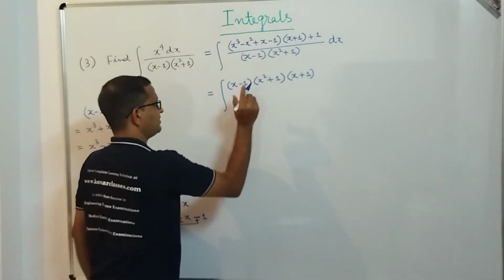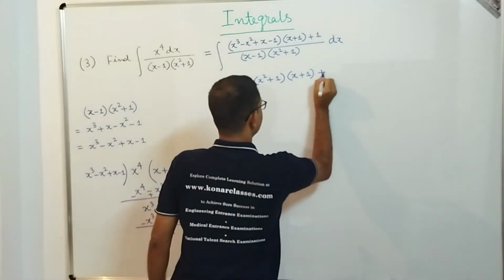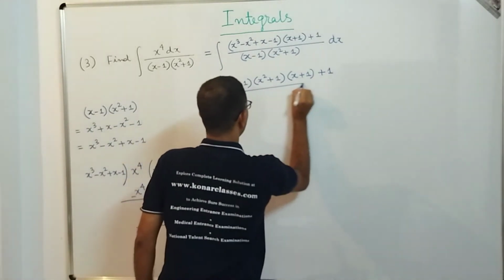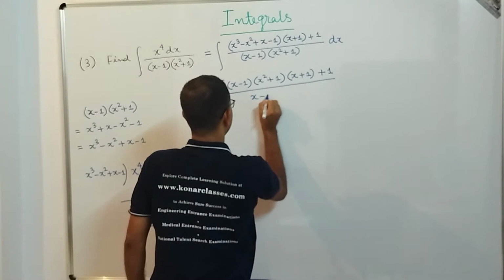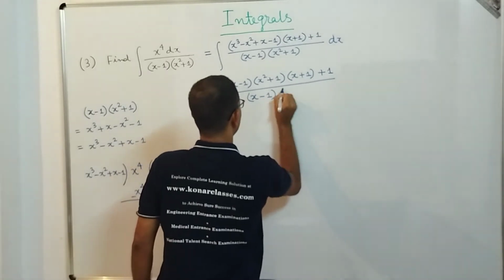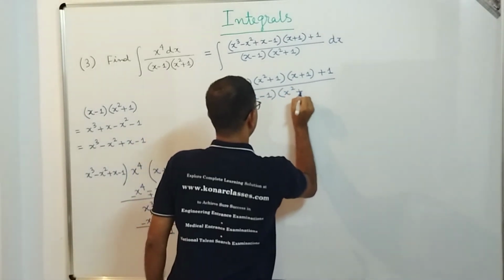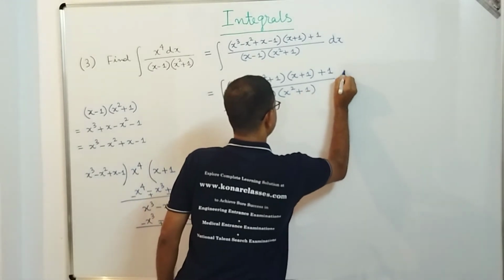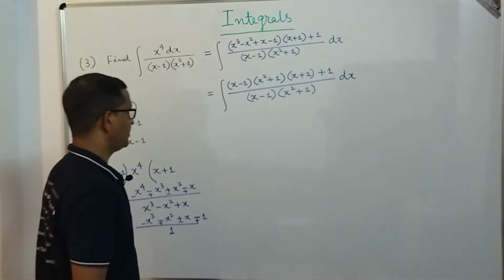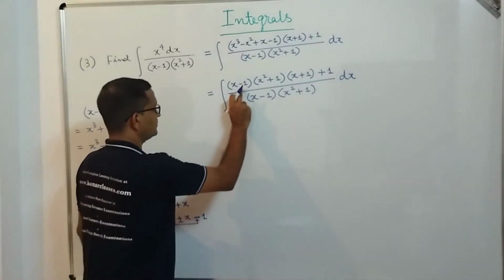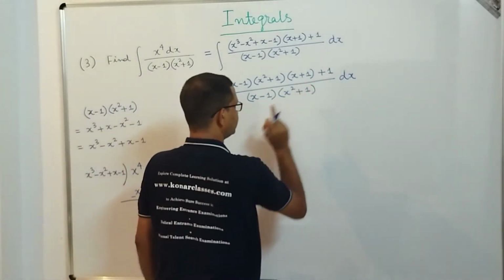And x plus 1 as it was there, plus 1 divided by x minus 1 into x square plus 1, this dx. So this is equal to what, dear students? This by this plus this by this.